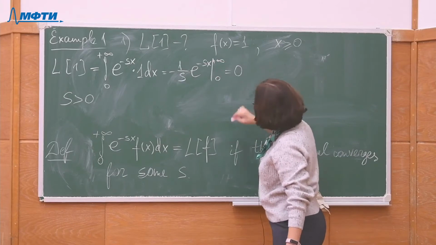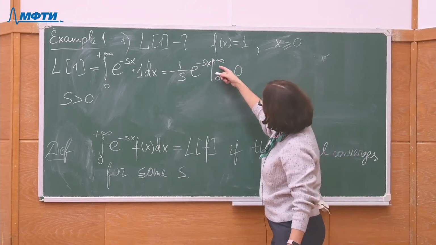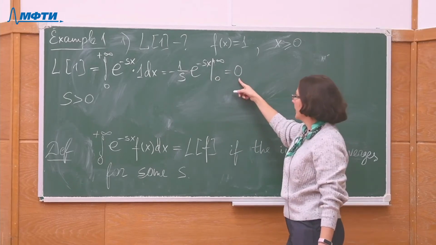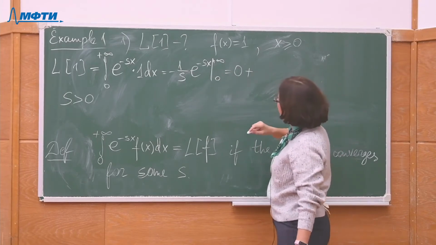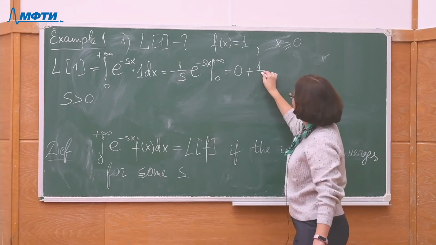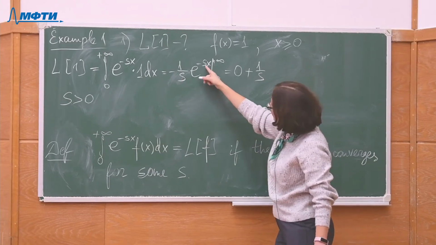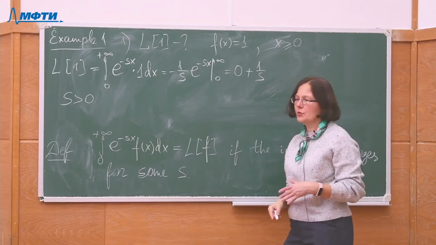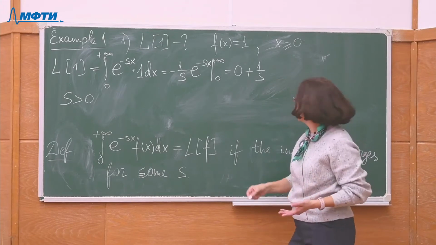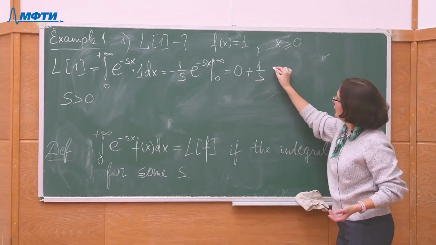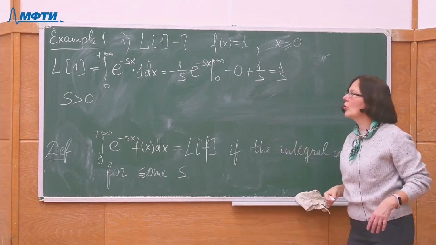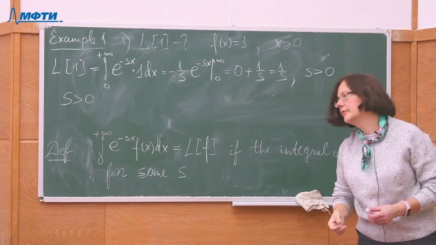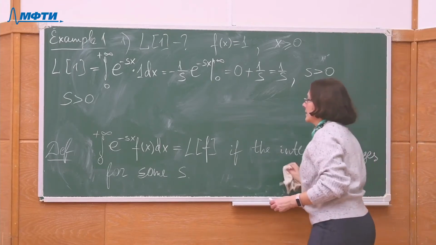So if we substitute the upper bound, we will get 0. Plus, if we change the sign, 1 over s, and on substituting 0 in the argument, we get e to the power of 0, which is 1. So it will be plus 1 over s. And the answer is 1 over s, where s is greater than 0.